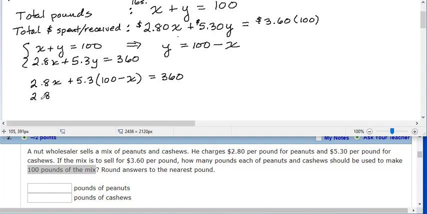Clean it up and solve. 2.8x plus 530 minus 5.3x is 360. I will combine my x terms. Gives me negative 2.5x. Subtract 530, subtract 530.